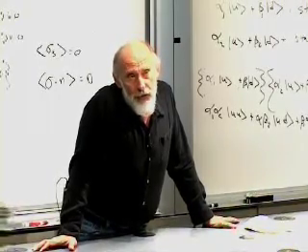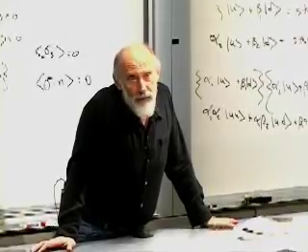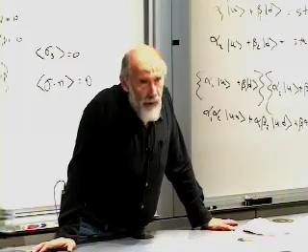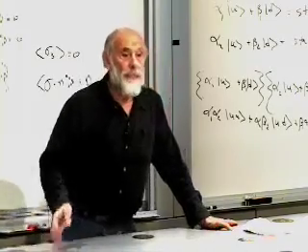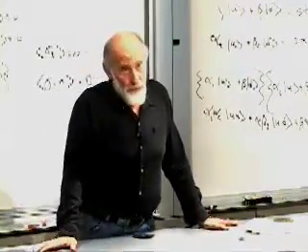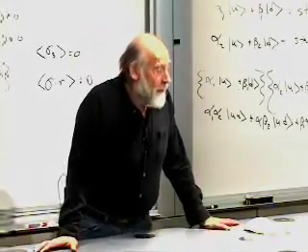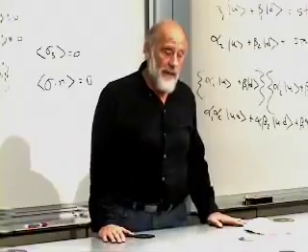What is it that you said? You're not just measuring one of them and finding the other one is in the opposite direction. You're measuring both in one measurement. If you measure both in one measurement, you will find they're opposite. But you don't have to measure them both simultaneously.